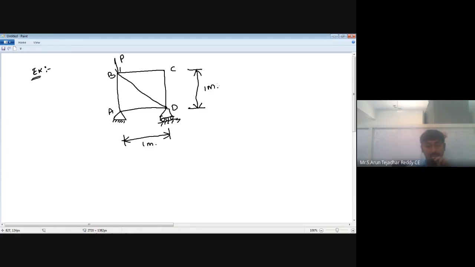So in your exam, how will the question be given? Find all the forces in the members. So this is the example problem on method of joints.